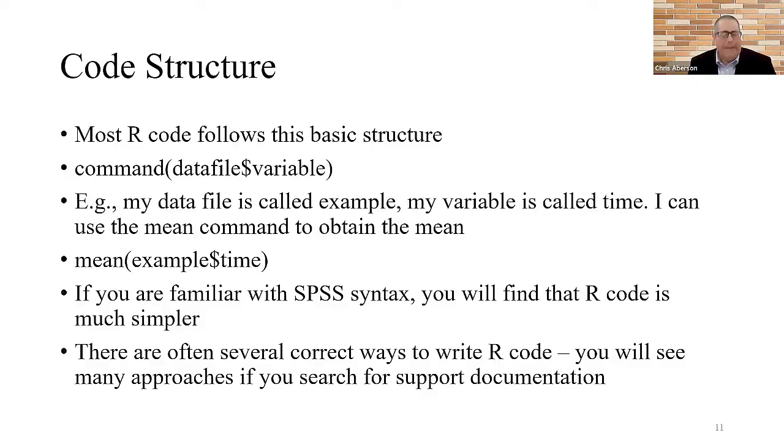Pretty straightforward in terms of the naming in many cases. I don't want to say in all cases, in many cases. The basic structure is that we're going to issue a command, and then in parentheses, we're going to have the name of the data file that we're using, the $, and then the name of the variable within the data file.